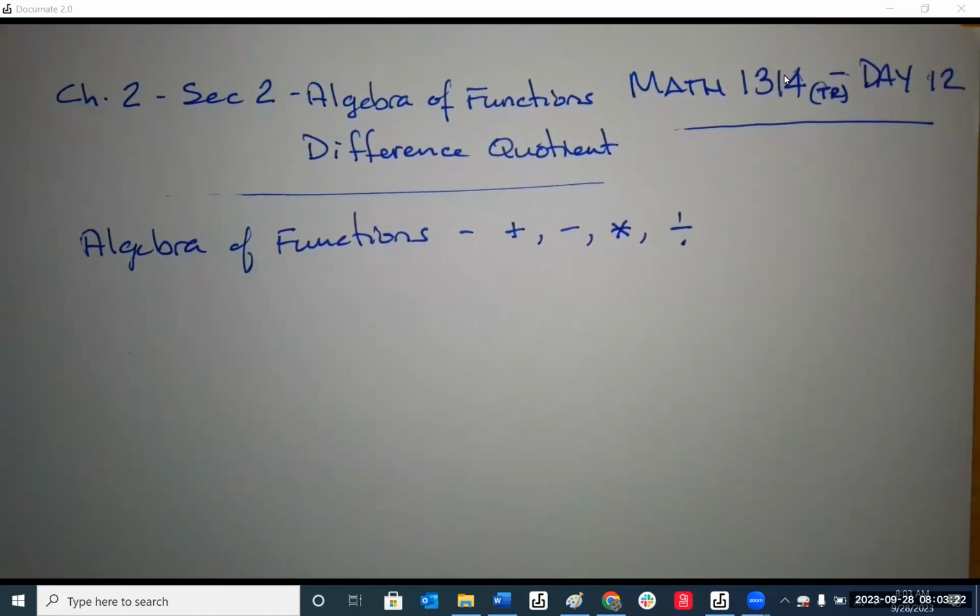And they behave the same way as numbers or letters when you multiply and divide them. The only difference is that now we have to worry about the domain, because you have two functions. When you combine them, how is that going to change the domain of the new function being formed?